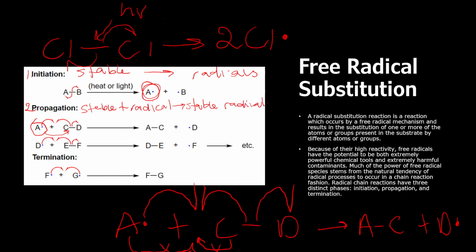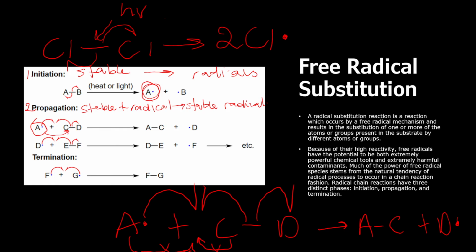This is important for summarizing and memorizing. There are multiple propagation steps: once the radical creates another radical by reacting with a stable species, it goes on and on, but we generally just summarize it.